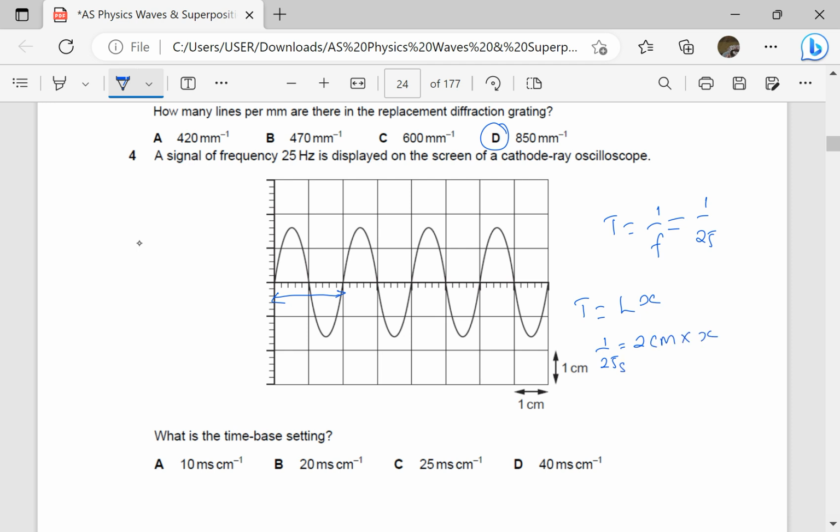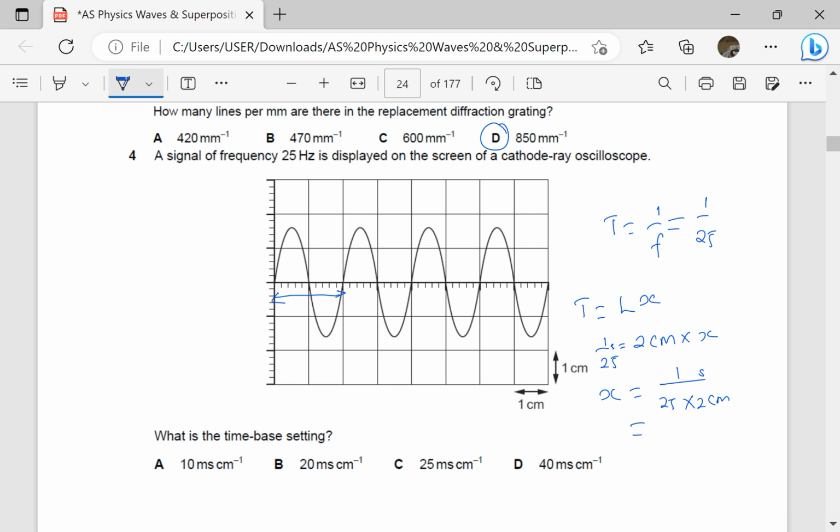Remember, the period is in seconds. So the period is equal to 2 centimeters times x. So x is going to be 1/25 times 2. Remember, in the denominator this is centimeters, in the numerator it is seconds, so the answer is going to be seconds per centimeter.